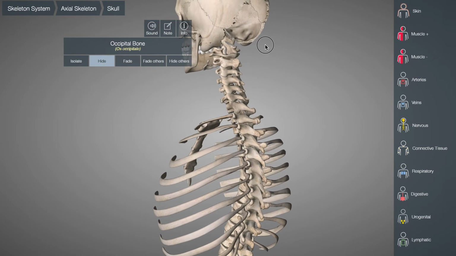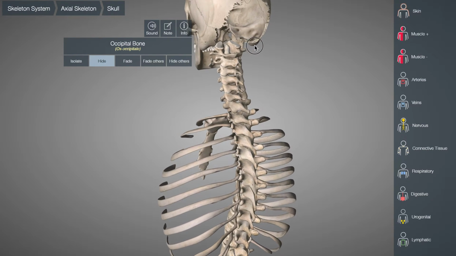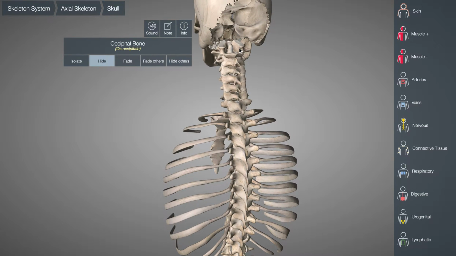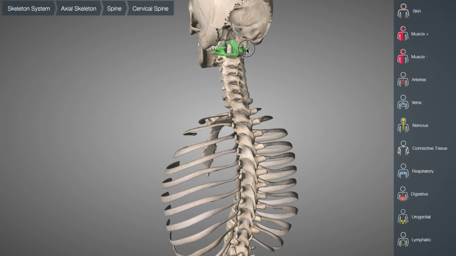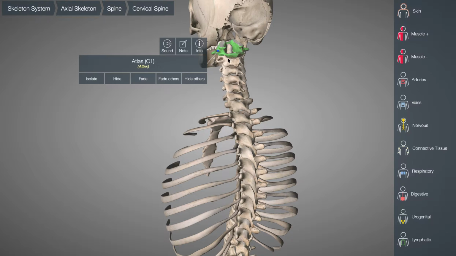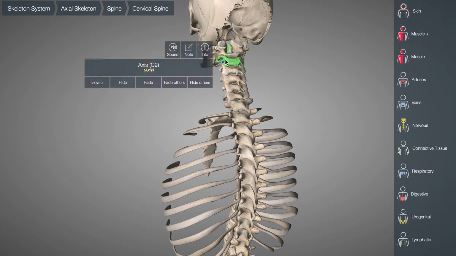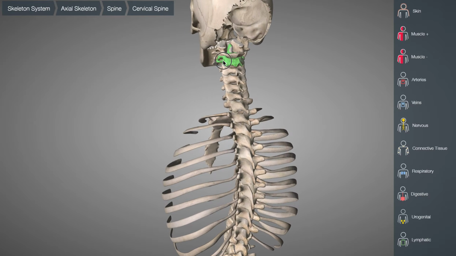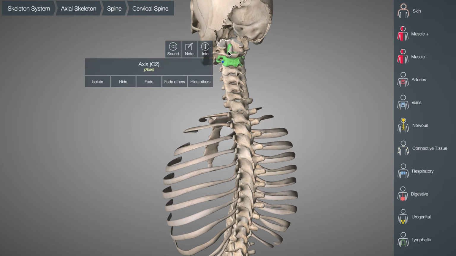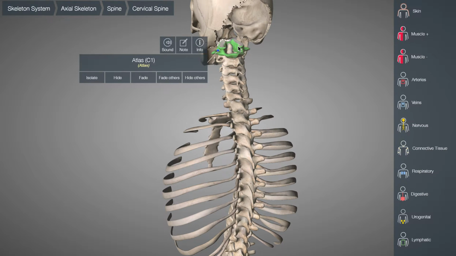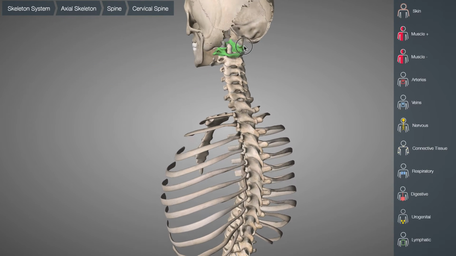The first thing that we're going to look at is the spinal column. Okay, so this first vertebra is C1, and it's also called the atlas. The atlas and the axis right over here are actually pretty unique. The axis has this structure called the dens that fits snugly into C1, the atlas.